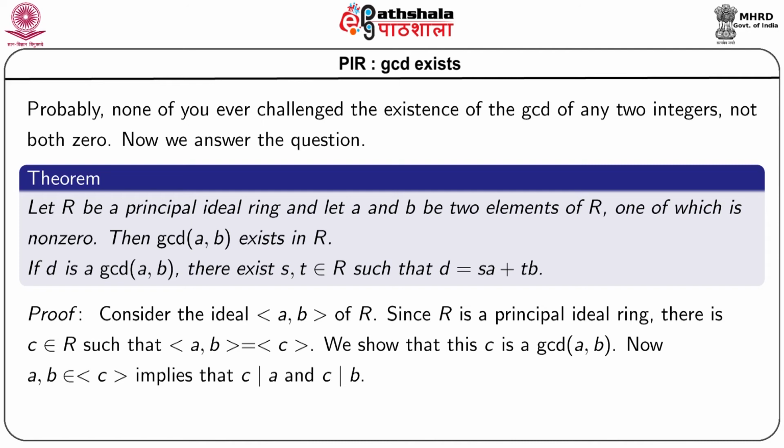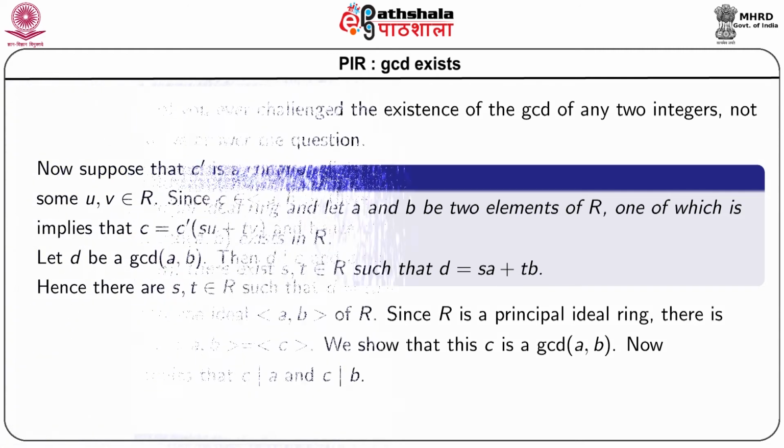And since both A and B belong to the ideal generated by C, it follows that C divides A and C divides B. So, C becomes a common divisor of A and B.